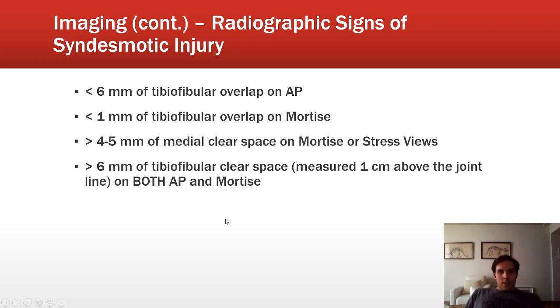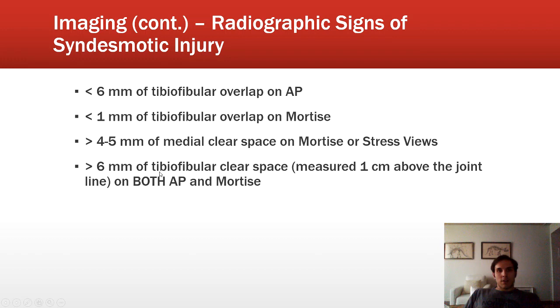Finally, another way you can assess syndesmotic injury is by looking at tibiofibular clear space. I like to think of this as basically the opposite of tibiofibular overlap. If you have a clear space, you don't have overlap. And it's not surprising that greater than 6 millimeters is concerning for syndesmotic injury.